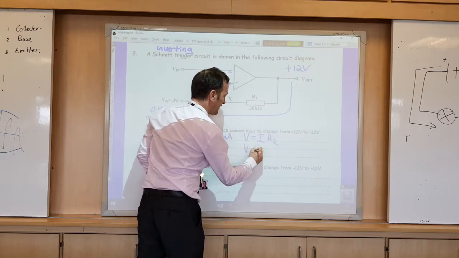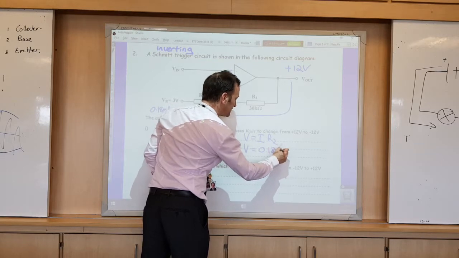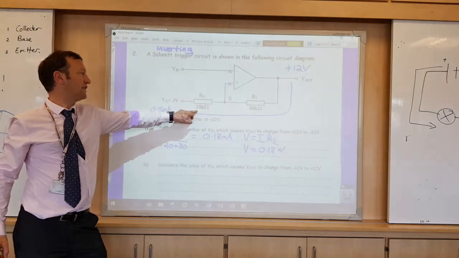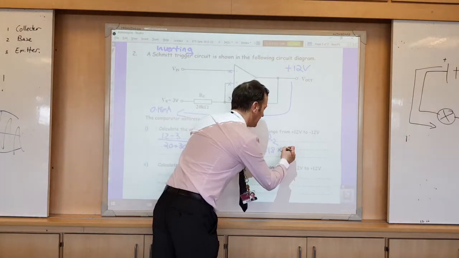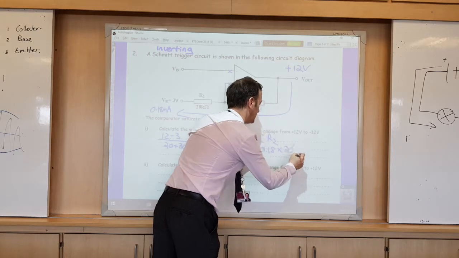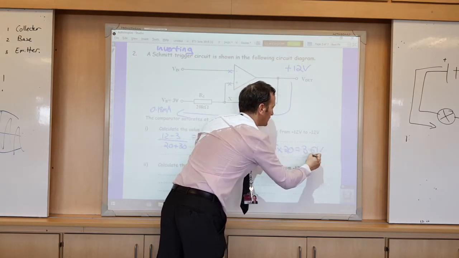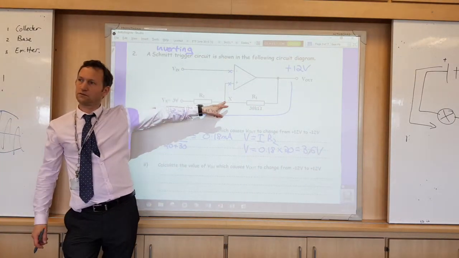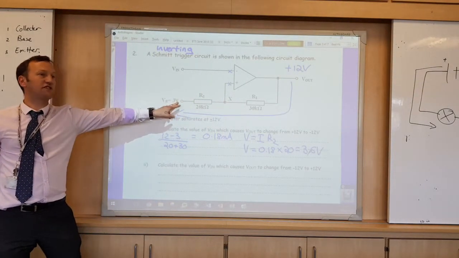So V equals 0.18 multiplied by 20. Because that's milliamps and this is kiloohms, we can leave it like that, which equals 3.6 volts. Is that the voltage here? That's the voltage across R2.